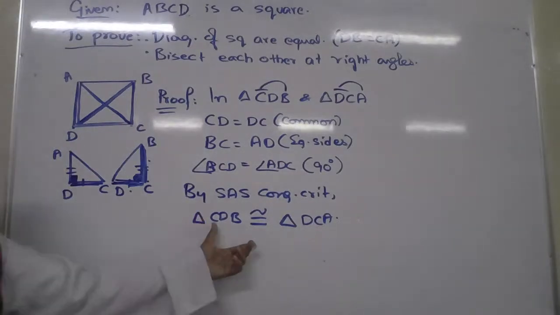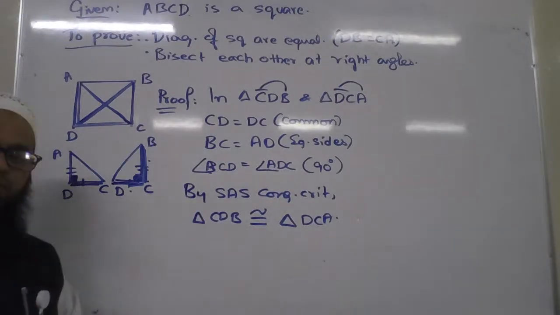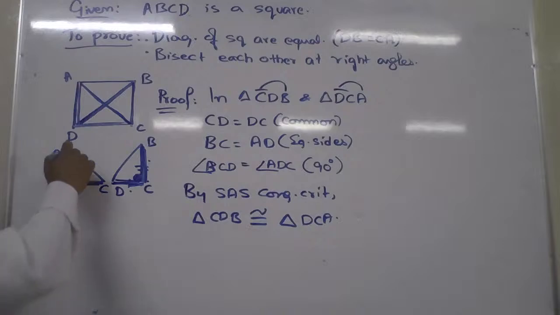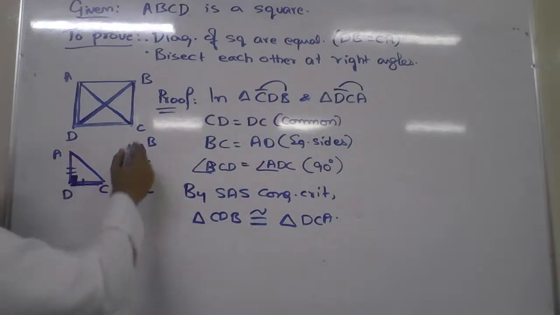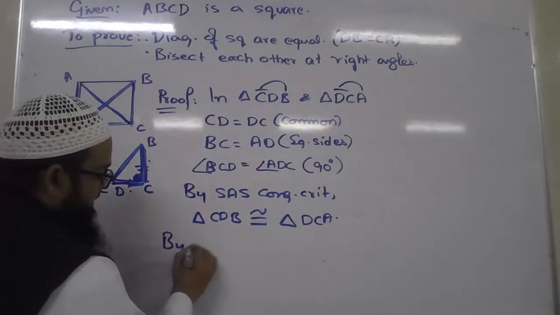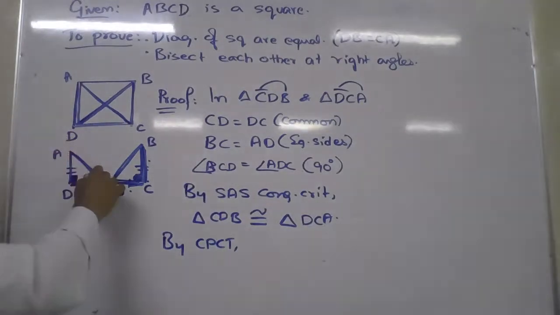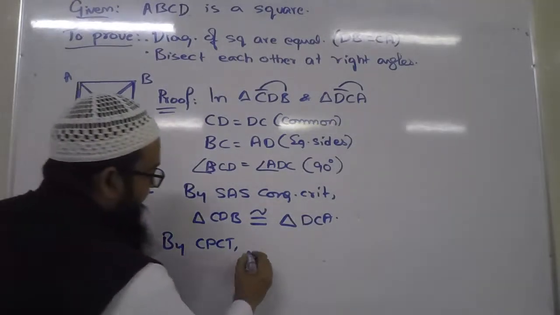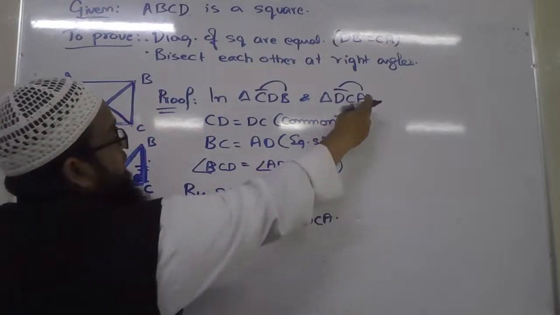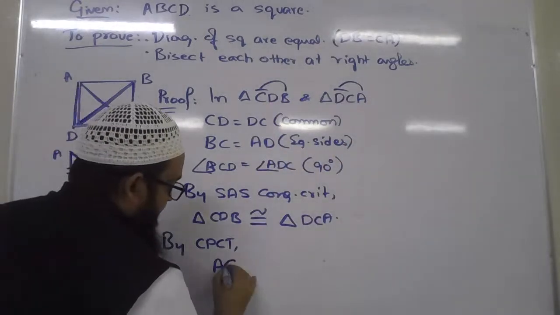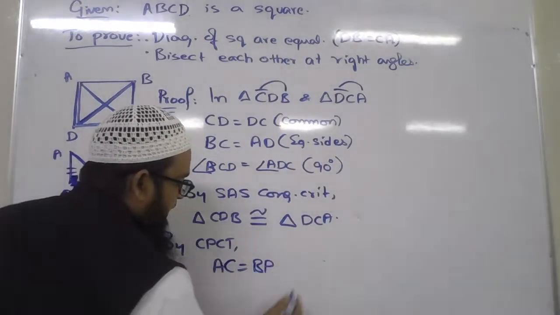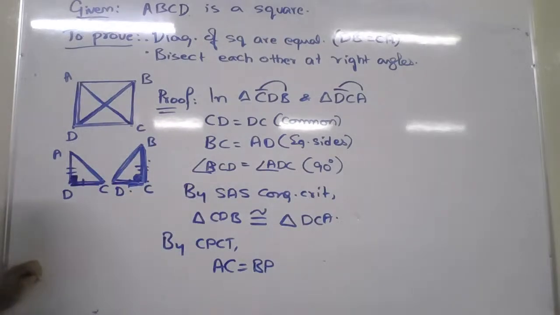So since they are congruent, what are the corresponding parts? CA and DB. So by CPCT, can I write AC is equal to BD? Yes, AC is equal to BD. So therefore, what will be the conclusion?